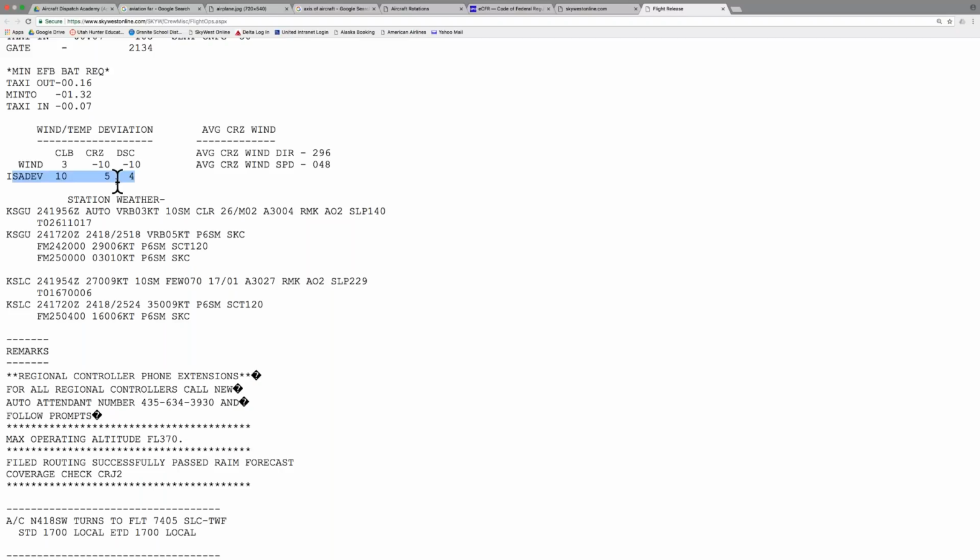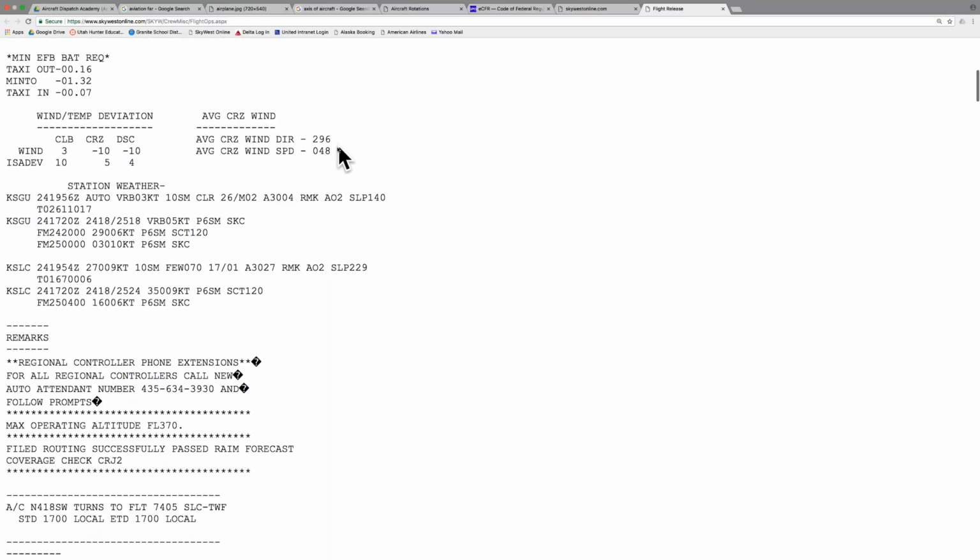So we've got to plan for that deviation from the standard temperature in order for us to know how the engine's going to perform. So we'll go over that once again when we get into weather, and then also in flight planning we use this information a lot.